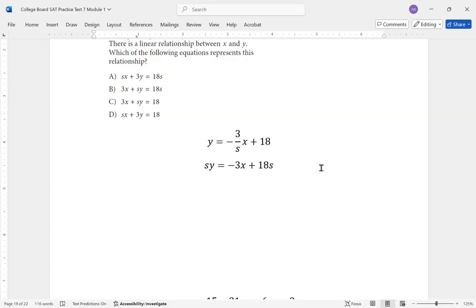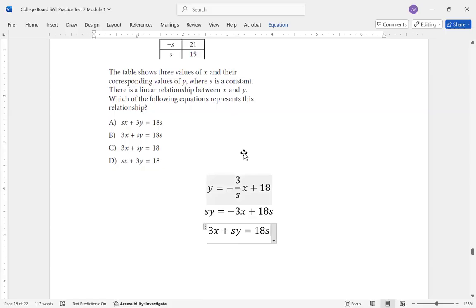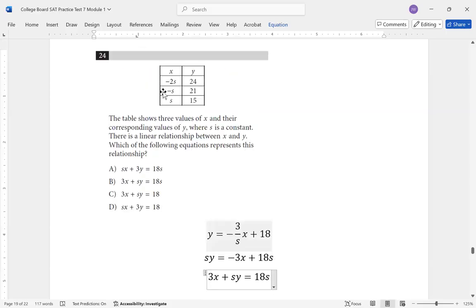And then add 3x to both sides. 3x plus sy is equal to 18s. And there you go. And that means the answer to this problem 24 is option B. 3x plus sy is equal to 18s.